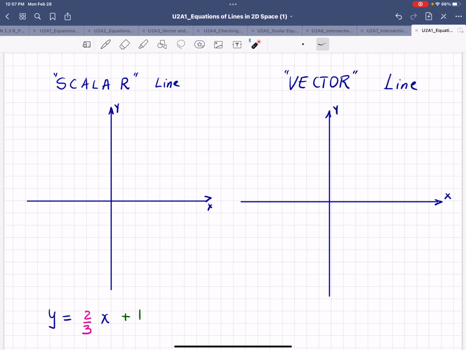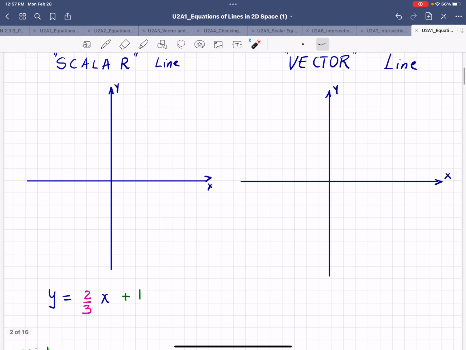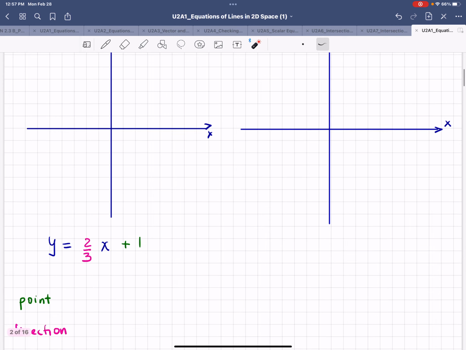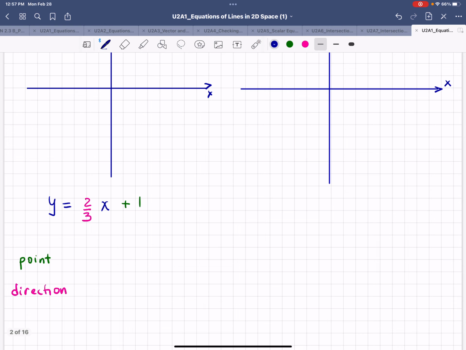So let's get started. As an example for the scalar line, or drawing the line by using a scalar equation, I brought in y equals 2 over 3x plus 1, which is slope y-intercept form. Recall that to draw the line, we're going to need a point and a direction. And it's easy to see in this case. As a point, we're going to use the y-intercept that is given from the equation, or the value of b, which in our case is 1.